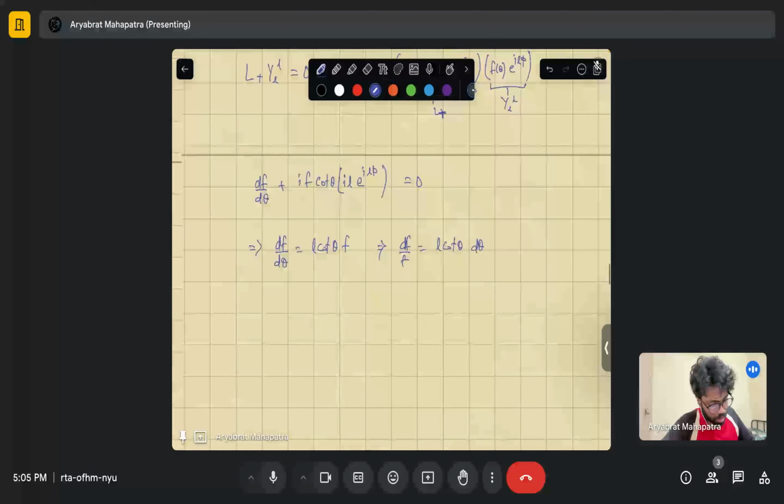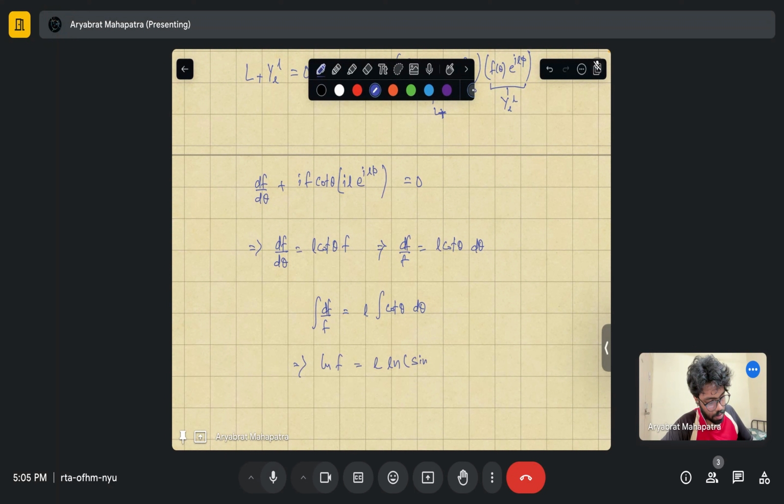Now just integrate that: df by f equals L cot theta d theta, and you will get logarithm of f equal to L logarithm of sine theta, which is the integration of cot theta with respect to d theta, plus some integration constant.